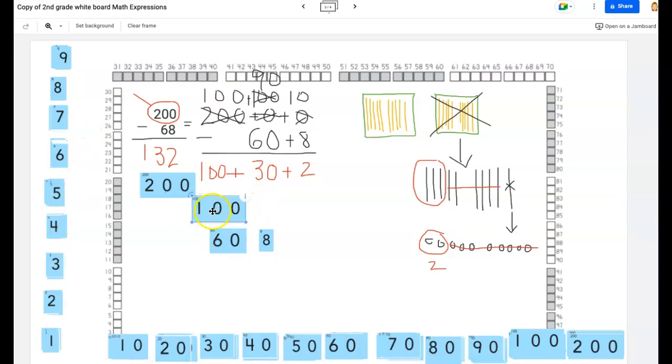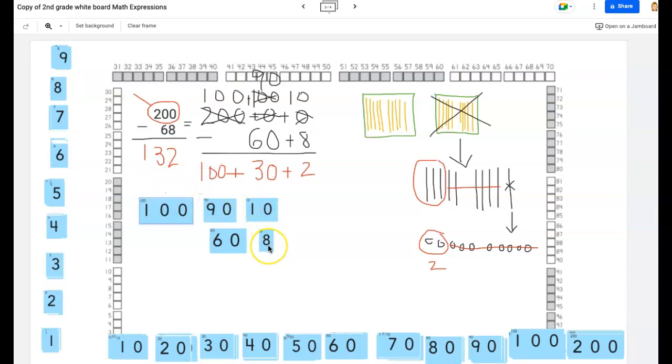So we're going to take 10 10s from here and put it here and take this one and exchange it for 90. I'm sorry, this one goes here. So this is what we're left with.